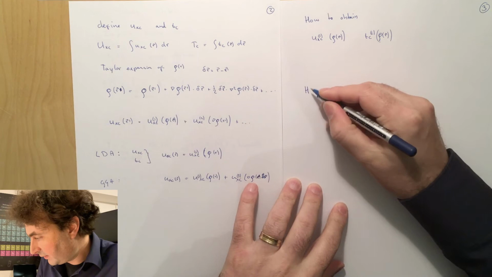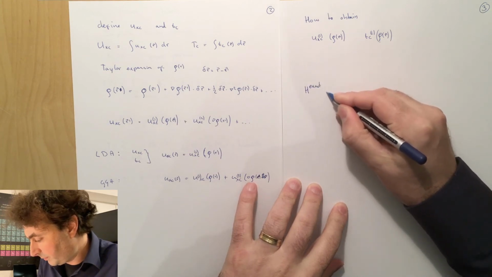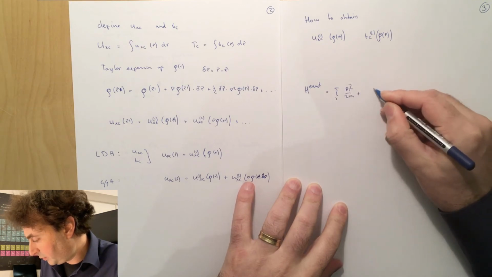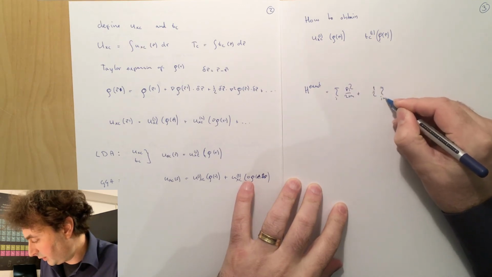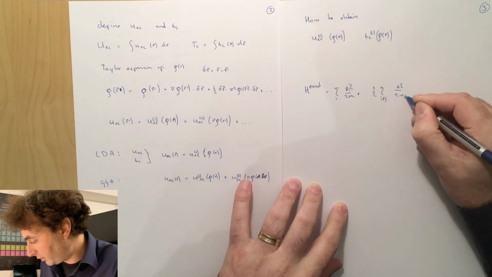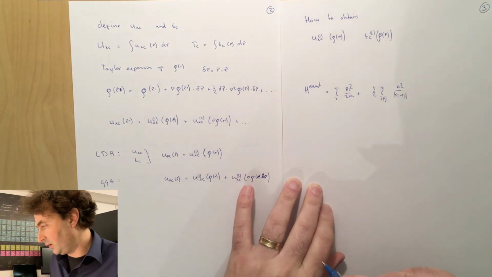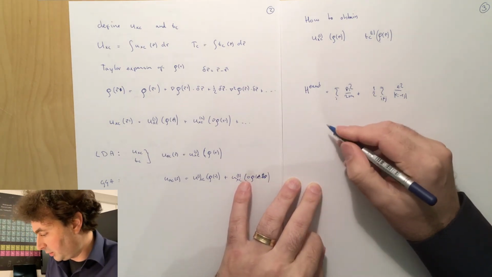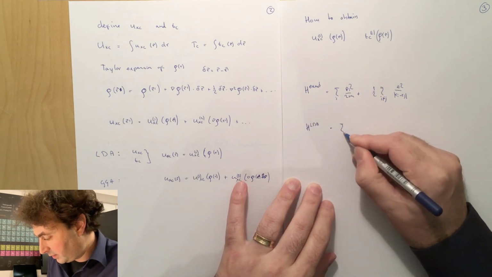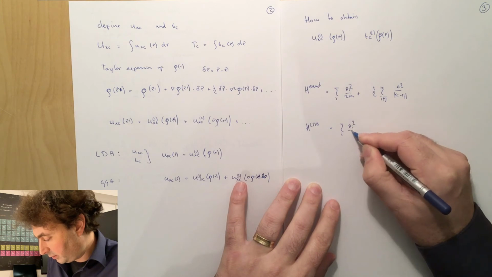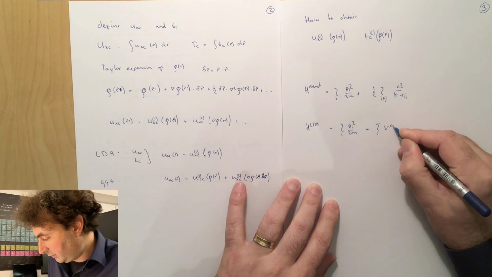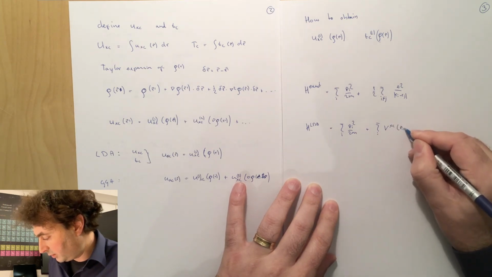What we have in the end is our exact Hamiltonian, which is a sum of p_i squared over 2m plus a half sum over i not equal to j of e squared over |r_i minus r_j|. I've left out the interaction with the nuclei at the moment, and that then brings you to an LDA Hamiltonian, which is still p_i squared over 2m plus some effective potential, which is the exchange correlation potential of r_i.